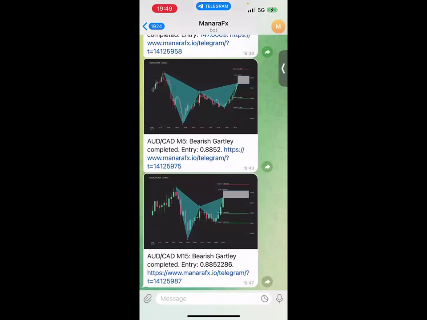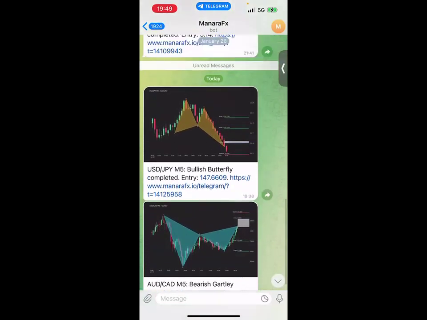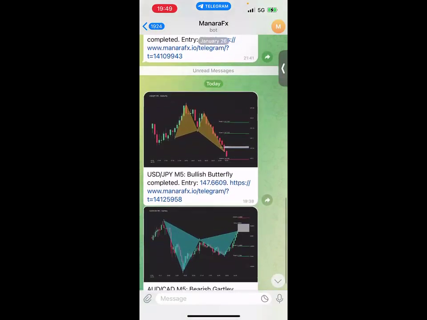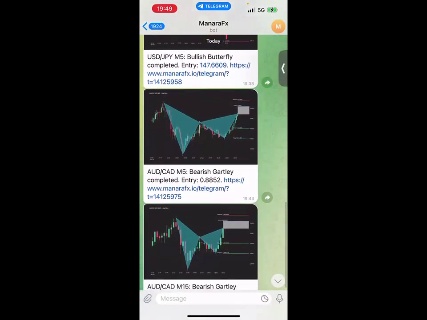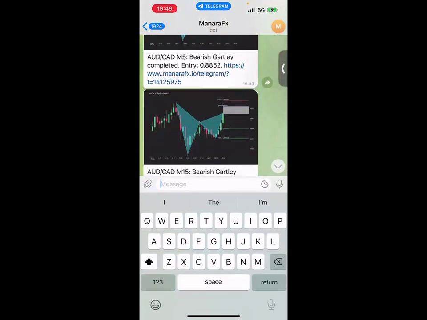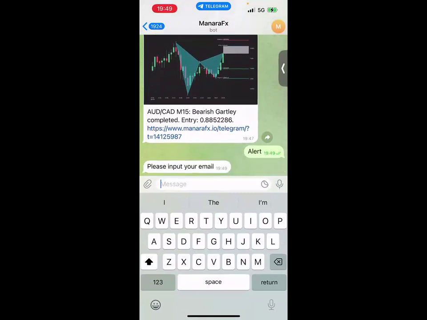I see that you've done yours previously and your pairs are accurate with the right start of the bearish gartley, amazing. So you want to click on alerts. Now, we're doing this for people that have not done this too, remember? So for those persons who have not, you type alerts, then you send it.